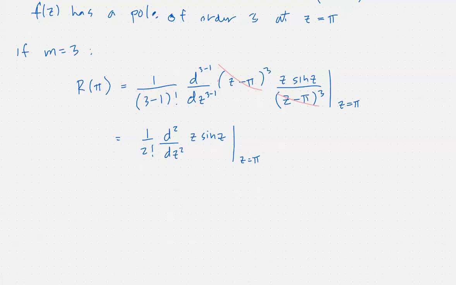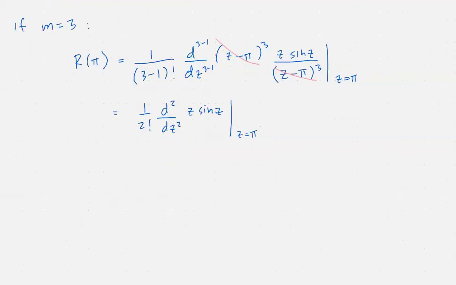So we can do some scratch work here. You take the first derivative first, and then we take the derivative of that. So we have d/dz of z sin z. What's the first derivative?